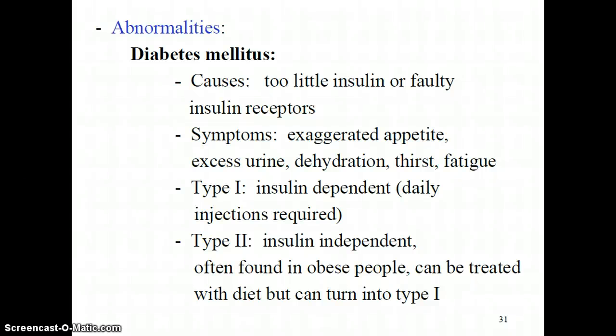Much of it is because of the increase in overweight and obesity among young people as well as old people, and it can be treated with diet, but sometimes it can turn into not really type 1 diabetes, but insulin dependent diabetes when enough of the pancreas cells are no longer able to produce their own insulin.